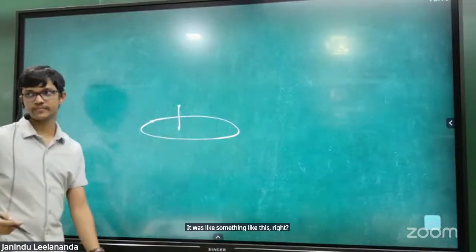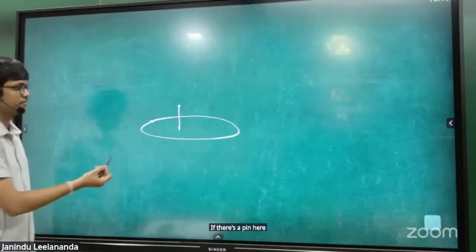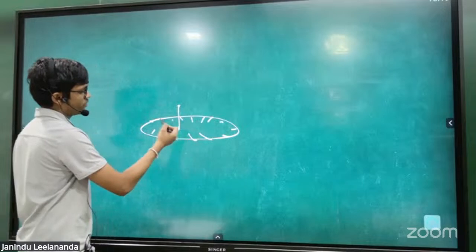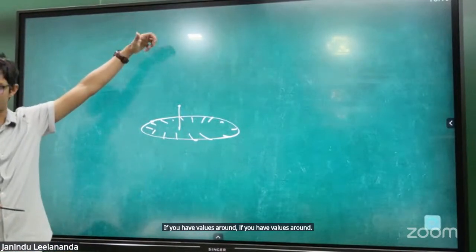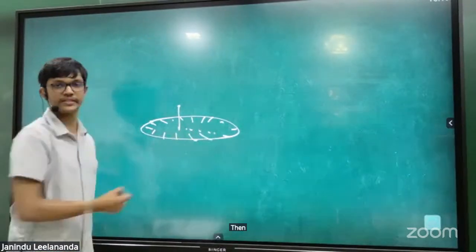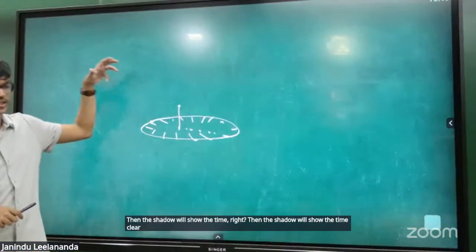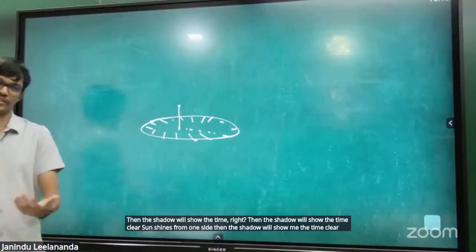If there's a pin here, and the sun shines from one side, then the shadow will show the time. Clear? So this was the first type of clock.